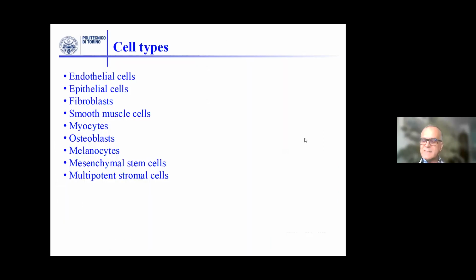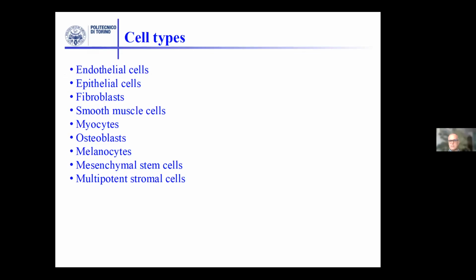Now there are several things that are actually very surprising, and they have to do with the fact that this behavior is very robust with respect to the cell type. You can use several types of cells and you see the same thing: endothelial cells, epithelial cells, fibroblasts, myocytes, mesenchymal stem cells, osteoblasts.